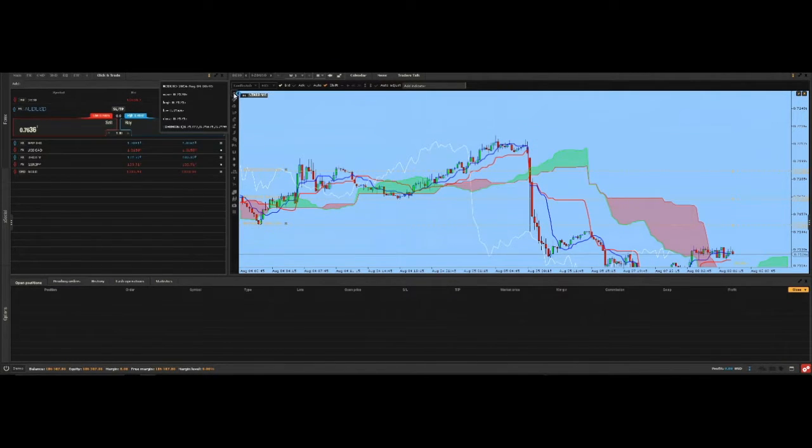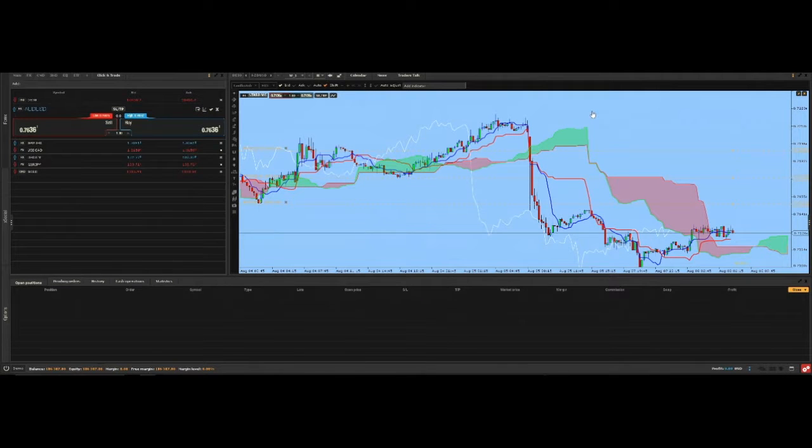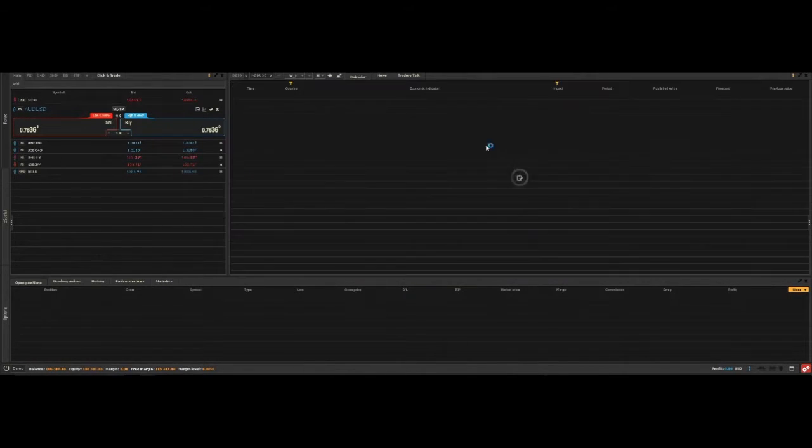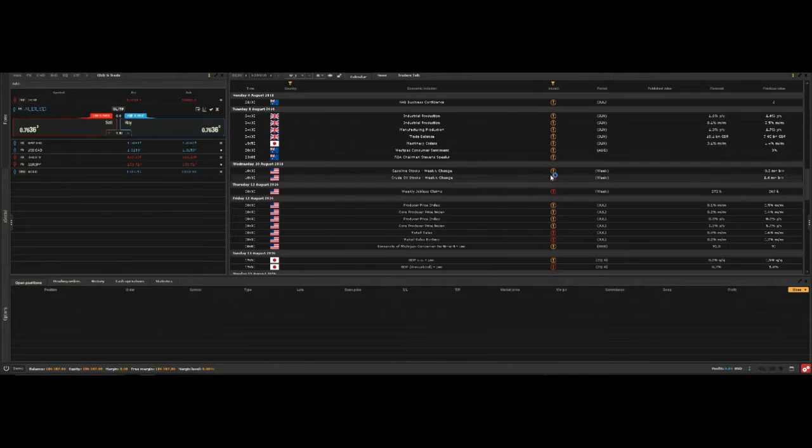So a good rule of thumb is when your price either enters the cloud or it's about to enter the cloud, don't get into any trades unless there's some news coming out. News obviously is going to take precedence over all indicators, because news causes the market to move depending on its impact. And if we go to our calendar really quick, we can see that high impact news is symbolized by a red exclamation point.